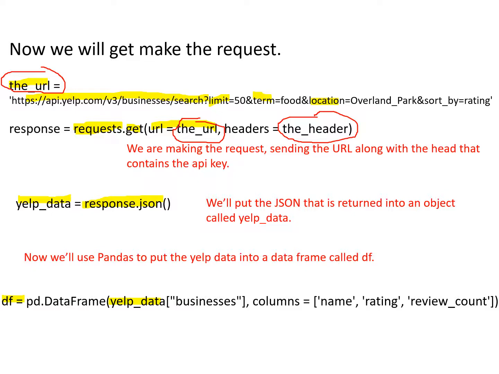We want to focus on just the list of businesses, so that's why we write Yelp data businesses. Then we can specify what columns, because there was a lot of information in there and we maybe don't want everything. Maybe we just want the name, the rating, and how many reviews were turned in for that particular business. That puts all of that information into a data frame, so that we can then do anything that we could do before with a data frame. Now we could do this for this data.